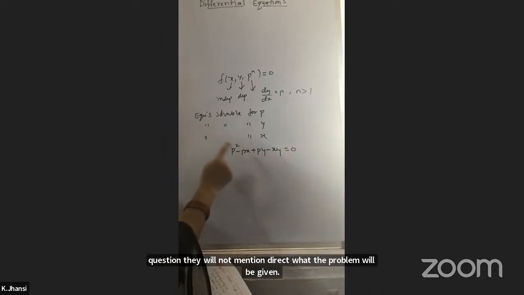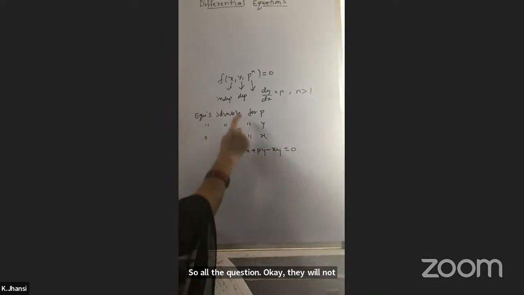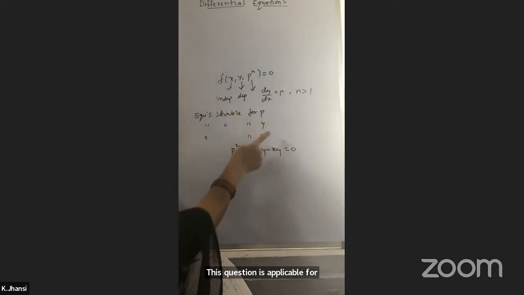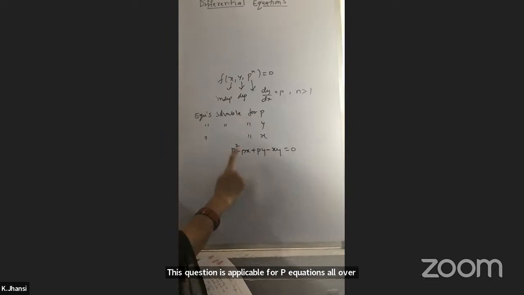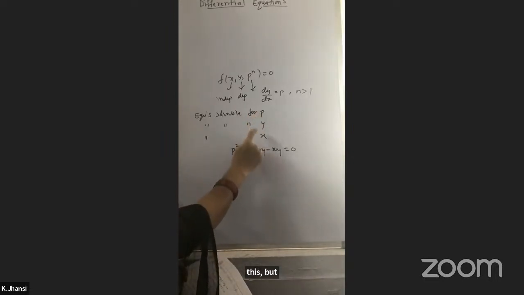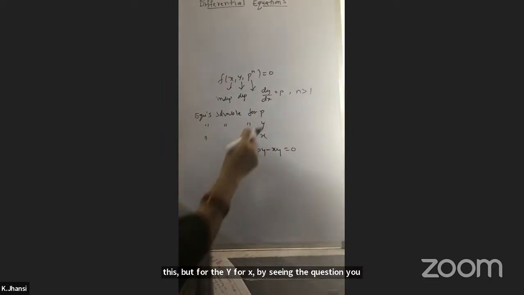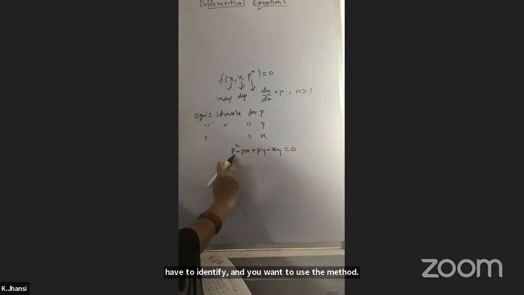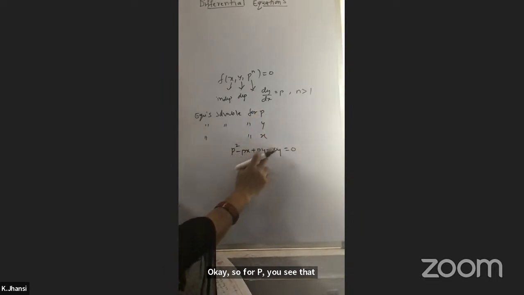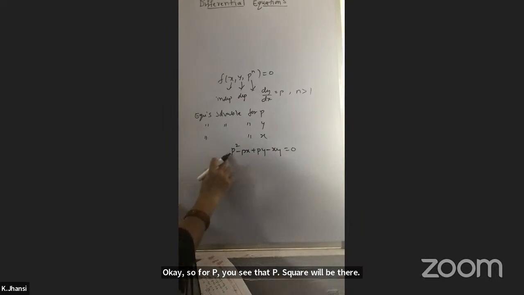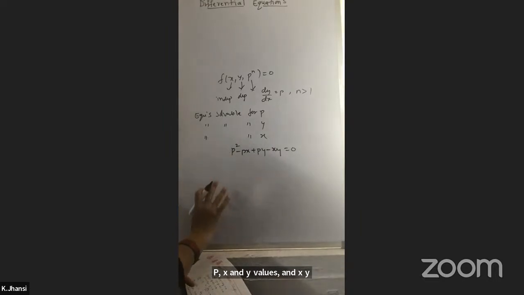They will not mention whether the question is an equation solvable for p, y or x. By seeing the question, you have to identify and use the method. So for p, you see that p square, p, x and y values and xy are there, and it can be solved with the help of factorization.